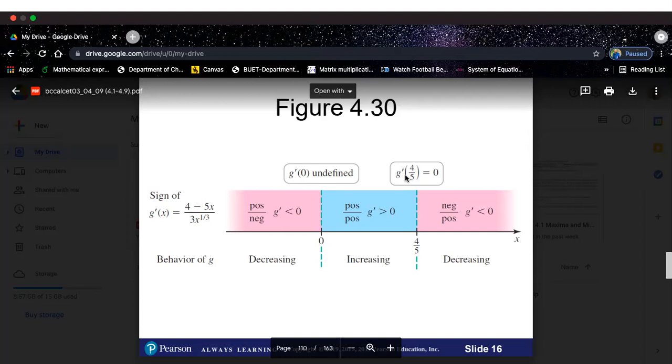So whenever you have a fraction, that's what we do. We set the numerator to 0, but we need to set the denominator to 0 as well. And you don't really memorize it. You just need to understand why. Okay.